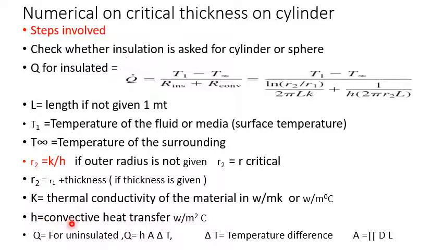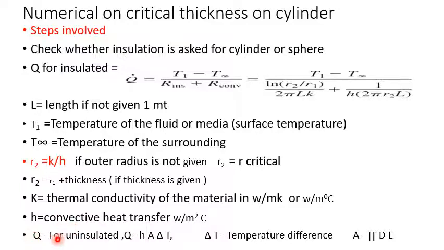Similarly, h is the convective heat transfer coefficient of the surrounding fluid, and here the surrounding fluid may be air, or something like chlorine gas or some other flue gases. They will mention that, and I am supposed to use that h value here.